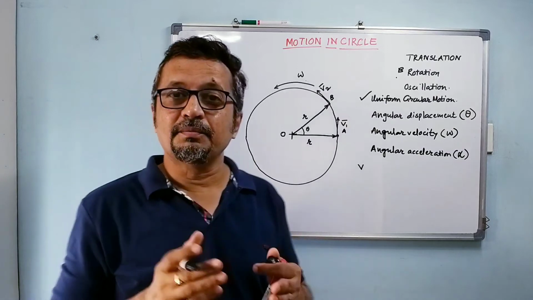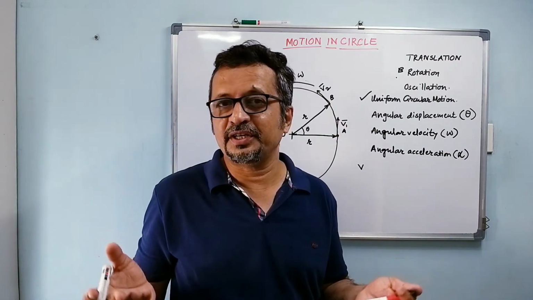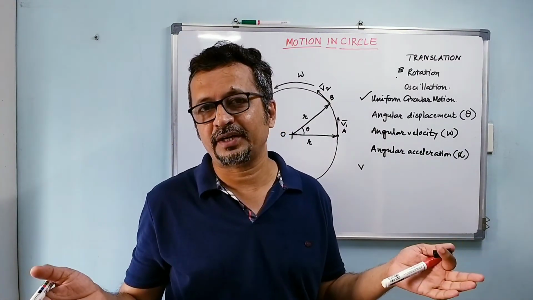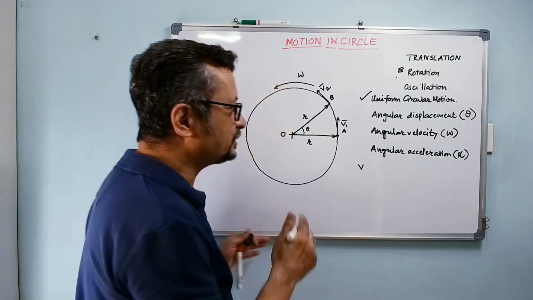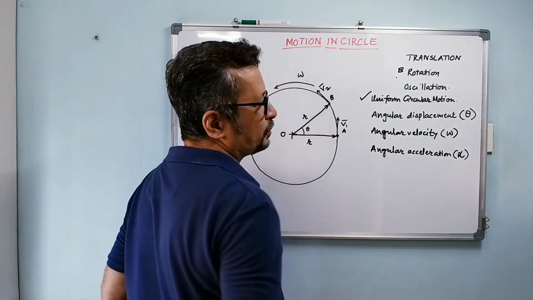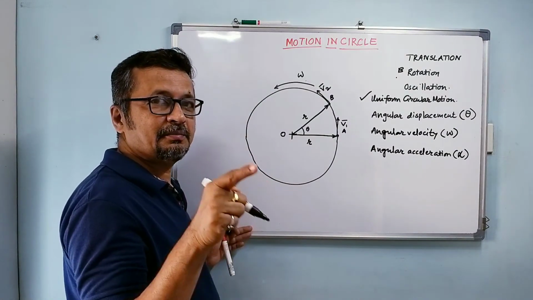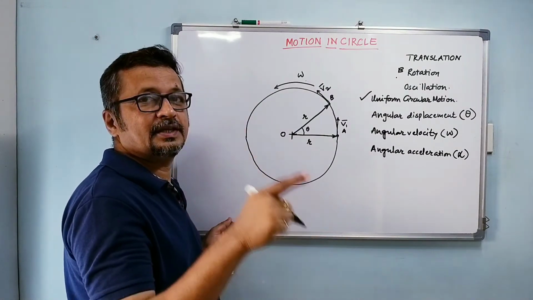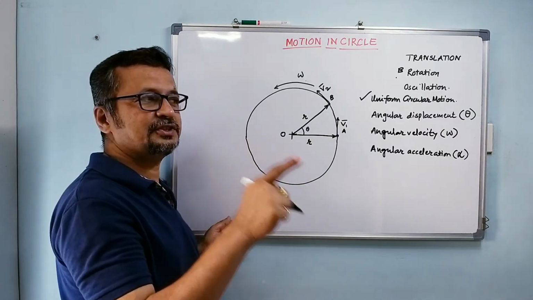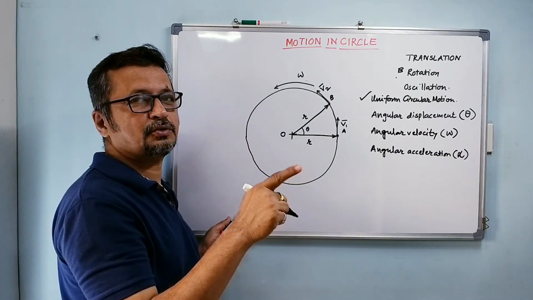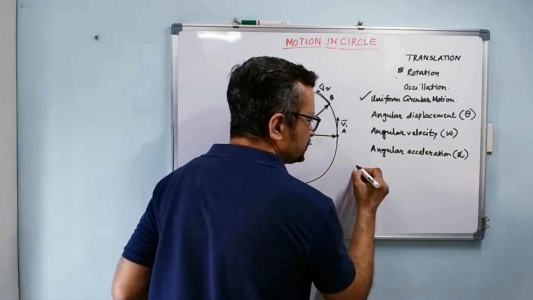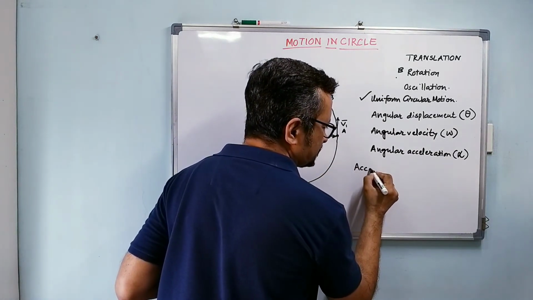But then if my velocity vector is changing, then there has to be some acceleration, right? So that means in my uniform circular motion, though the linear speed of the particle remains constant, since the direction of velocity is changing at every point in the course of motion, my motion is accelerated motion.